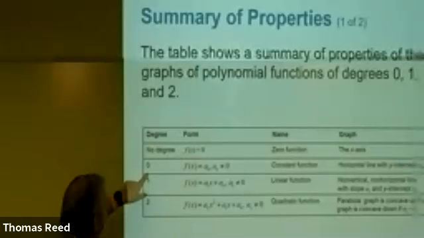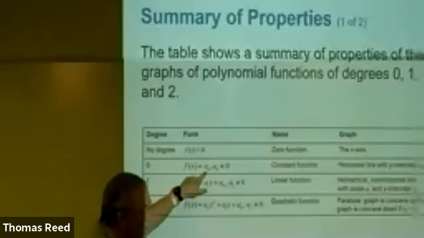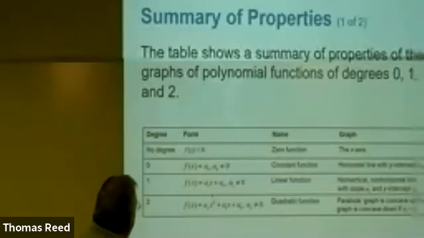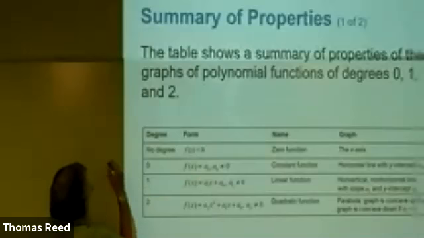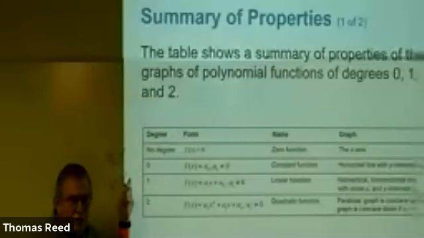We say a constant function has degree 0. That's why it's a sub naught. Because if I have some number a sub naught and I multiply it by x to the 0 power, remember we're always multiplying by 1. And for 1, I can use x to the 0 power, which is 1.